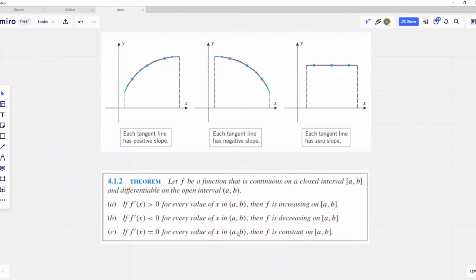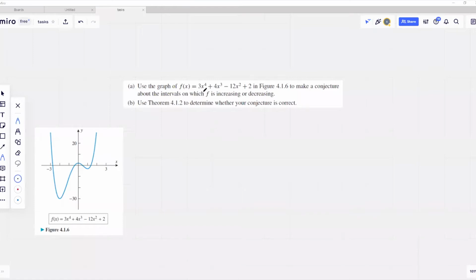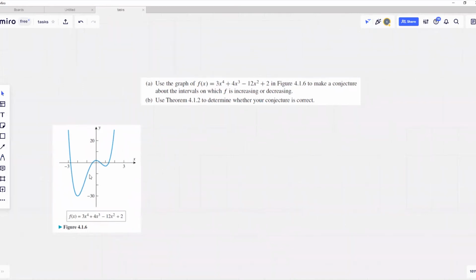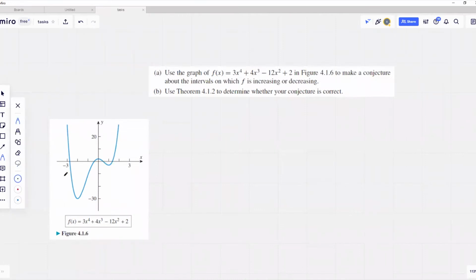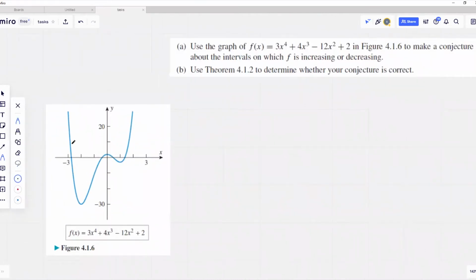All right, now let's use that theorem to find intervals where our function is increasing and decreasing in the following example. Let's find intervals where this polynomial is increasing and decreasing. So first, let's start by studying the graph of this polynomial. From the graph, we can assume that our function is decreasing on the interval from minus infinity up to some point.